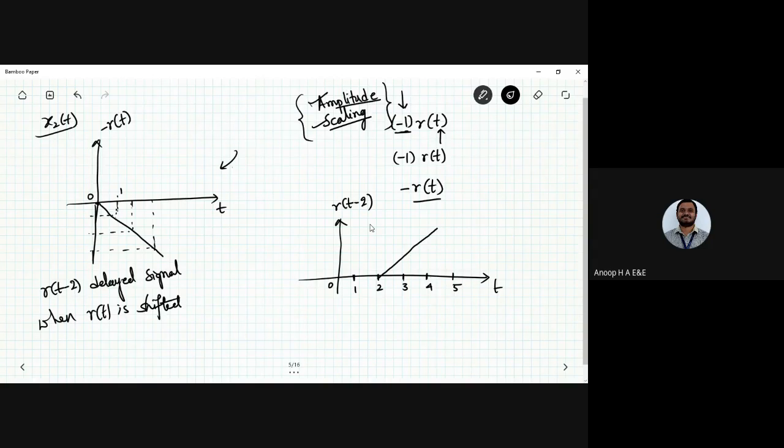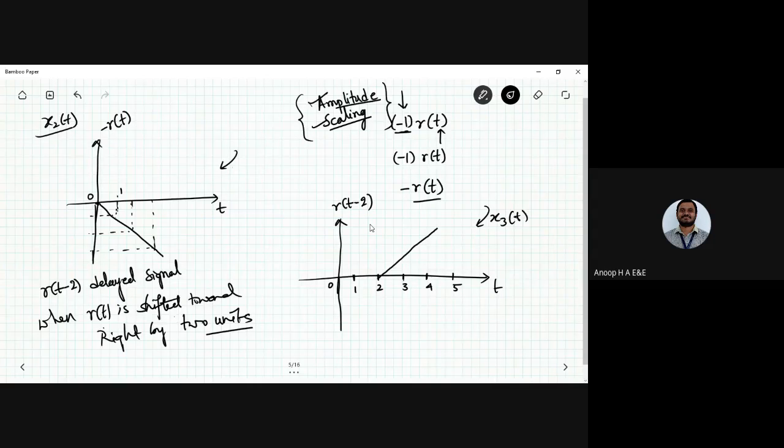So when r of t is shifted towards the right by 2 units, r of t minus 2 is obtained. This is how you obtain r of t minus 2, which is x3 of t.